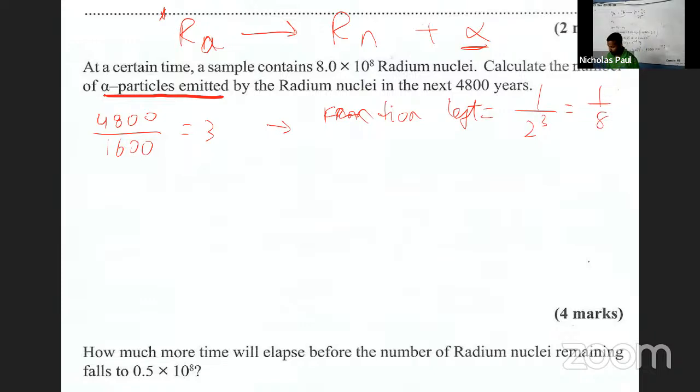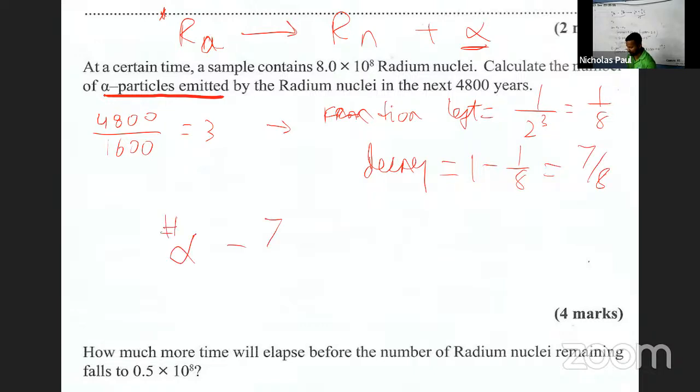So if 1/8 is left, then the amount that decayed is 7/8. So the number of alpha will be equal to 7/8 of the original amount. So that'll be 7 by 10 to the 8 alpha particles.